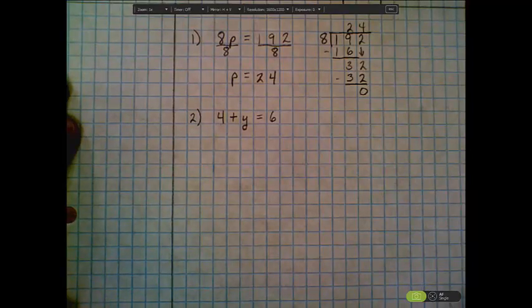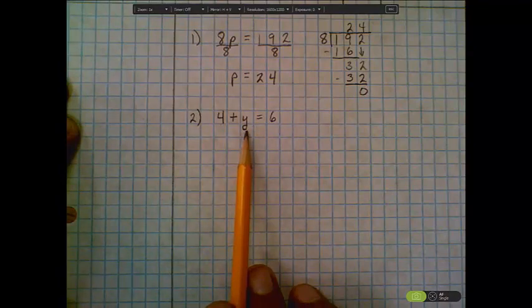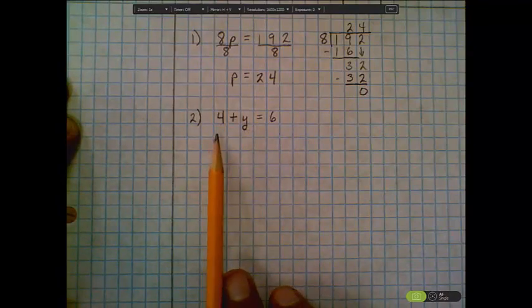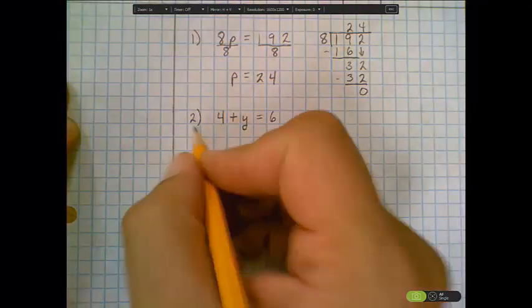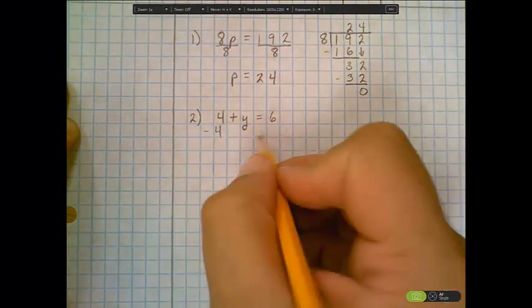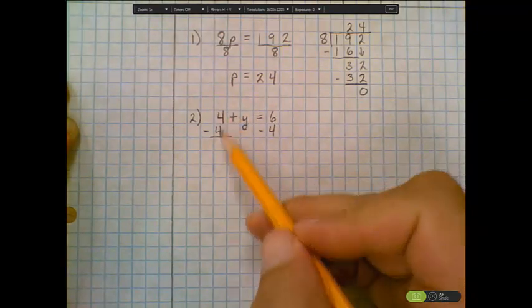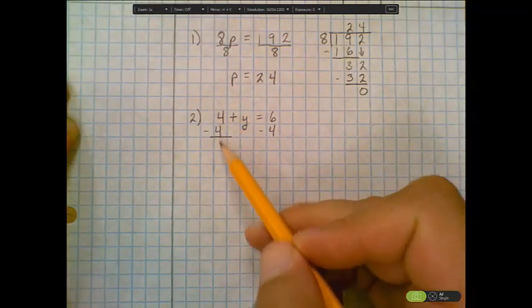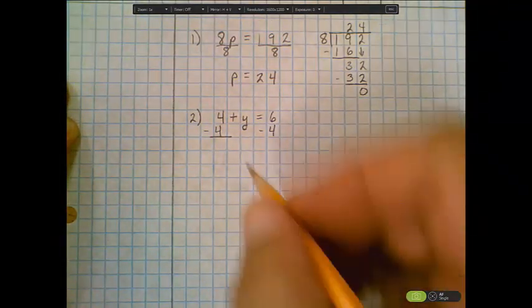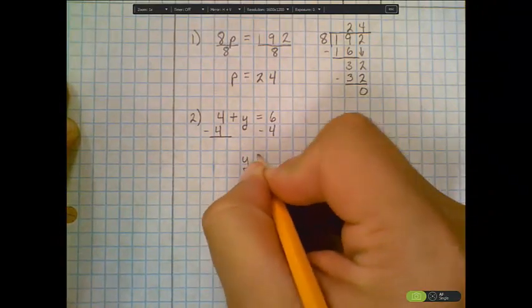So again, we're going to use our process for using the inverse operation. In this case, we want to isolate the y variable, so we're going to subtract 4 from both sides. We know that 4 minus 4 is 0, and that 0 plus y is simply going to be y.